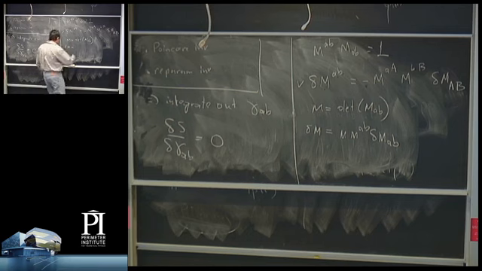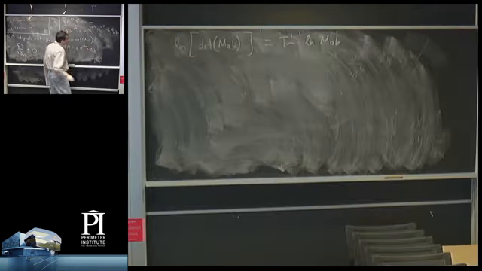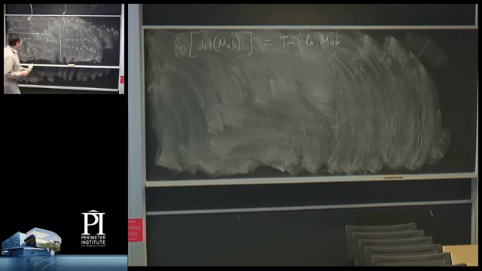And so the answer is that it's M times M^{AB} delta M_AB. Okay, so there is this nice formula. Do you want me to derive it? One line. Let me remind you how to do it. So how does it go?